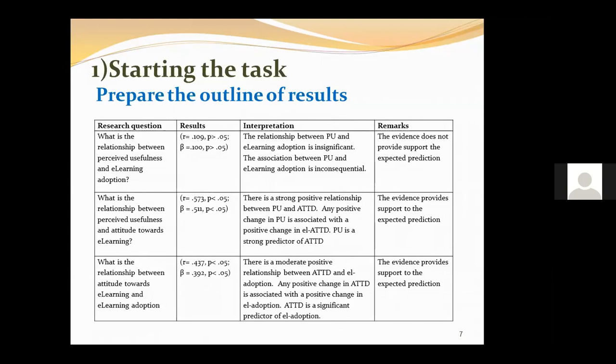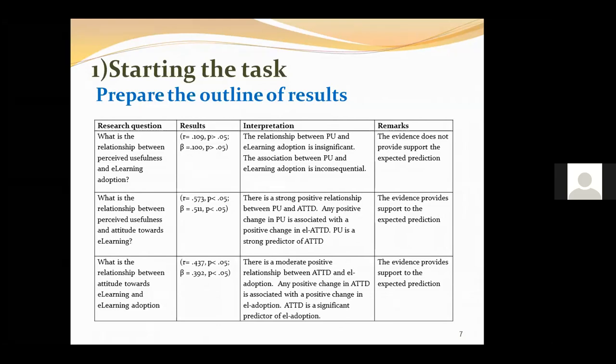The evidence does not provide support for the expected prediction. So that is your summary, okay? Then you'll be able to discuss why your findings do not provide evidence for the expected prediction. If you stop at interpretation, you are bound to reproduce your results and then say that you have discussed.